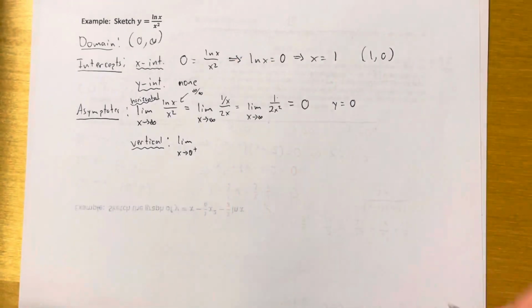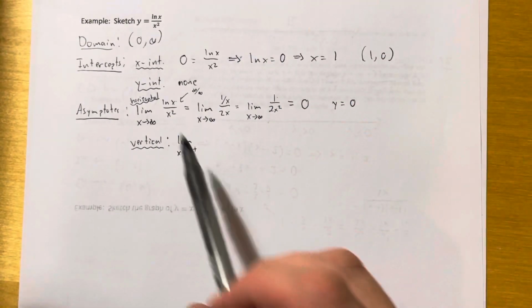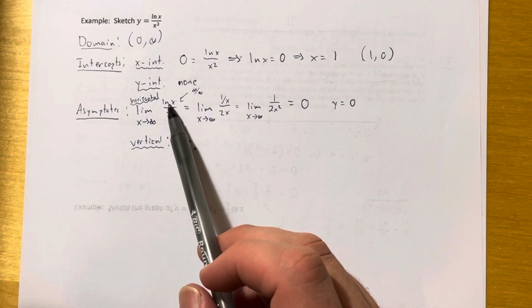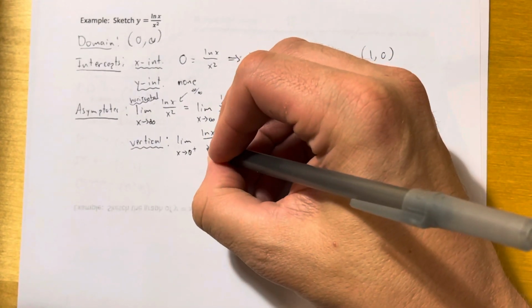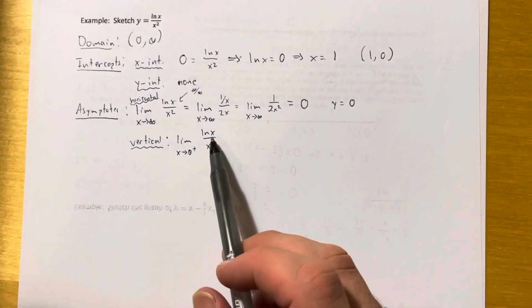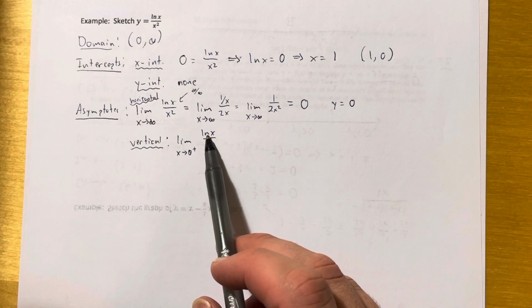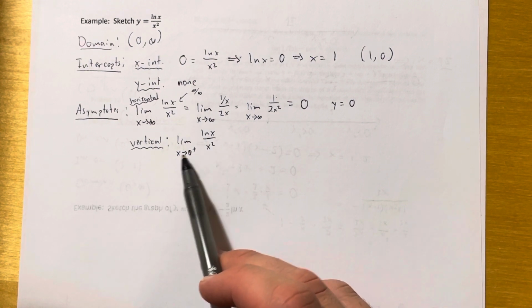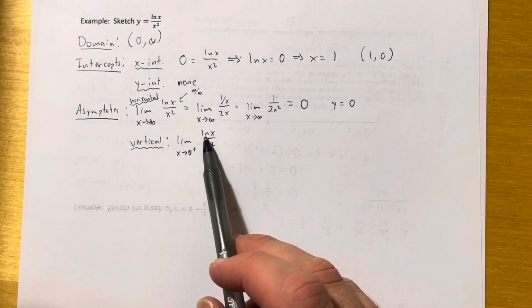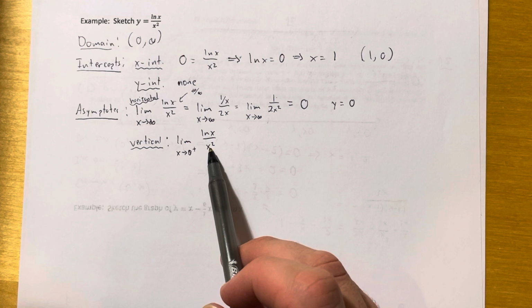Now what's happening with our function? We have the natural log function on the top, ln of x over x squared.